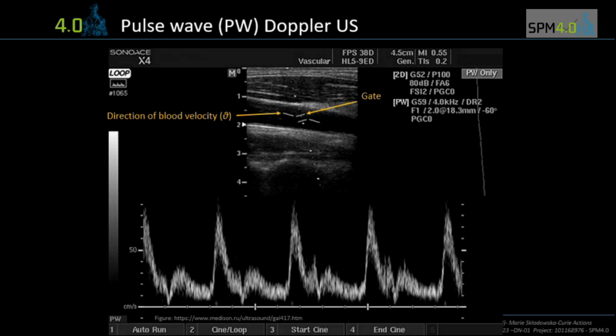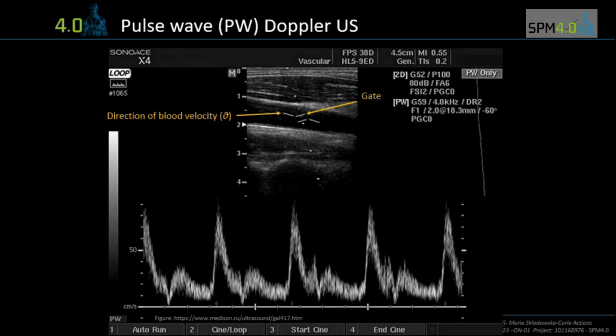Then we can provide some quantitative values, measure the peak value, the second peak value, the time duration between the first and second peak, and so on, to characterize mostly cardiac conditions, stenosis, everything else. This is called pulse wave Doppler ultrasound, the most common technique.